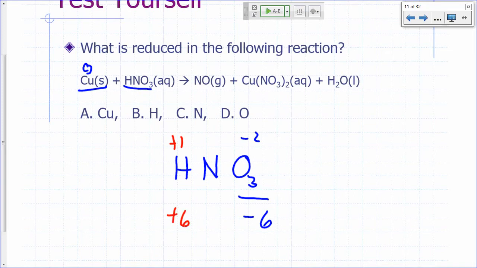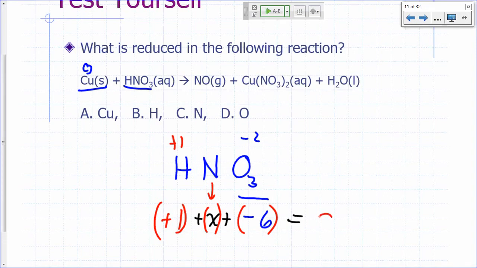So hydrogen in this case is +1. So what's our nitrogen then? Well, let's call that X. This whole thing should add up to what? It's +1 for the hydrogen, plus X for the nitrogen, plus -6 for the 3 oxygens.